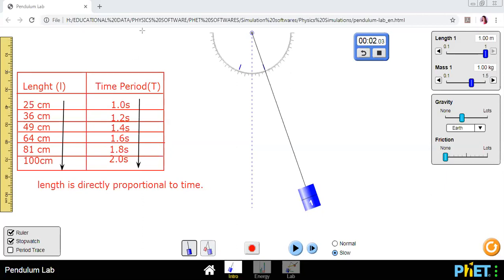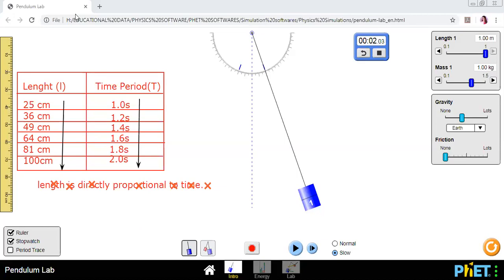Okay, now try to understand. All of you say that the length is directly proportional to time. But chalo, this is wrong. This is not correct. Length is directly proportional to time. It's wrong, because now understand why they are not directly proportional.